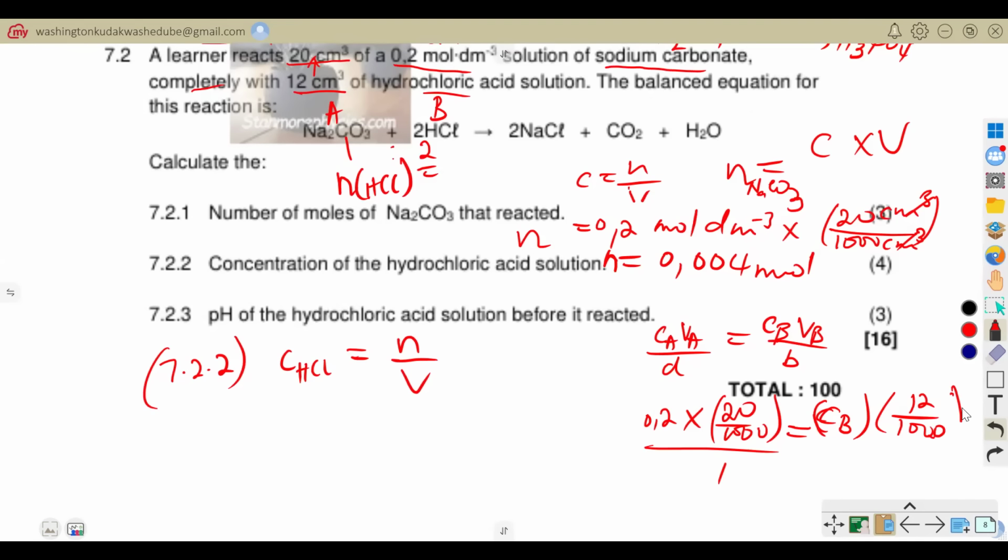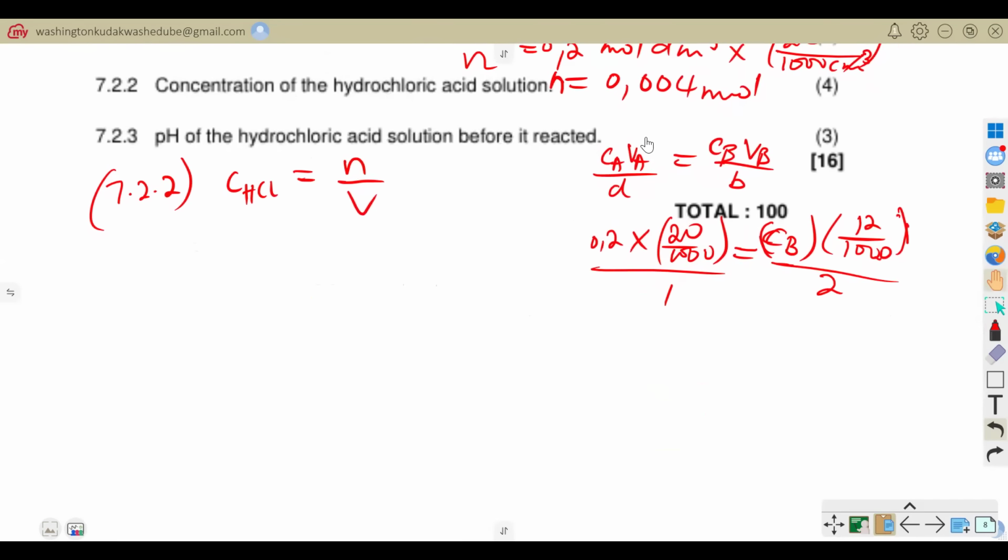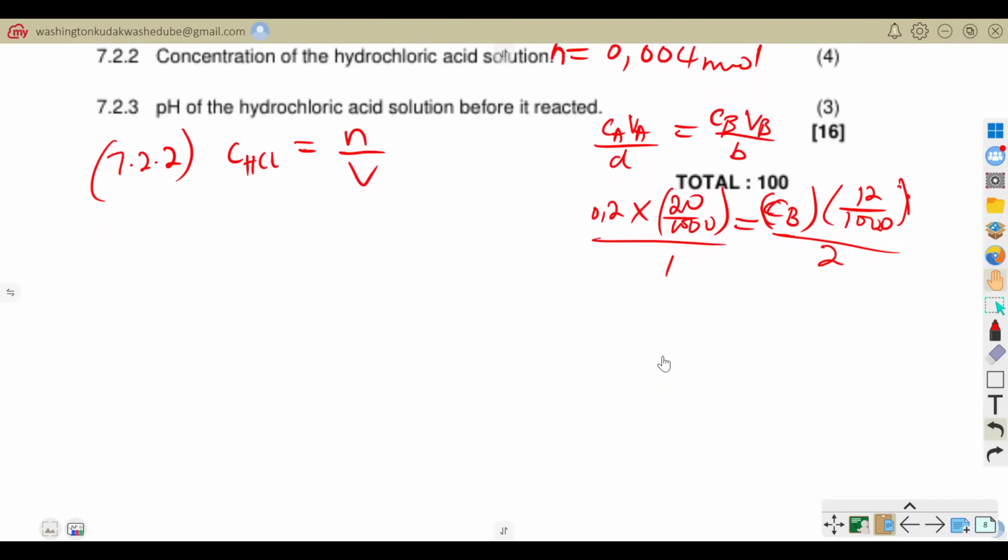And then we come to the stoichiometric ratio there. The stoichiometric coefficient is 2. For me to find CB, I would make it the subject, so I would cross multiply by 2 and then divide by 0.012.